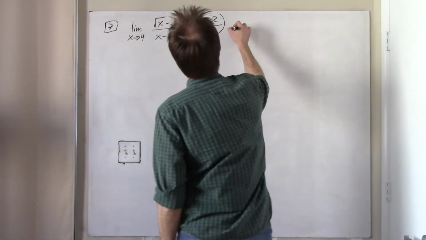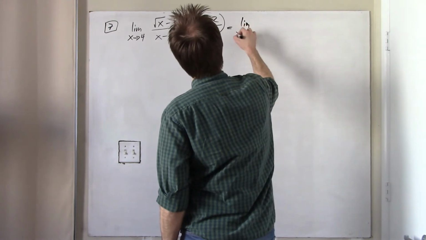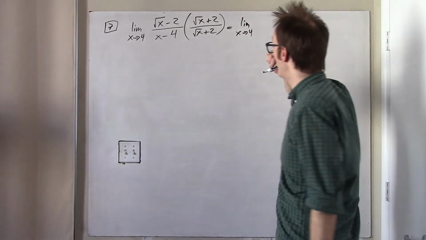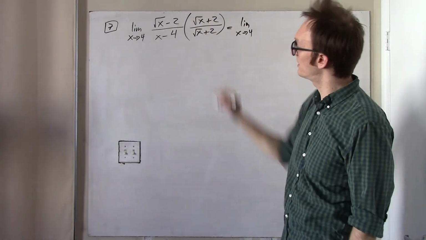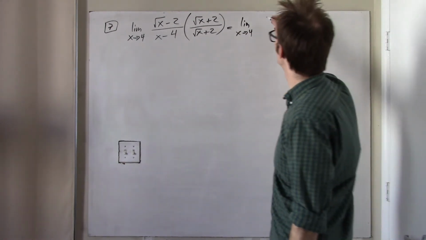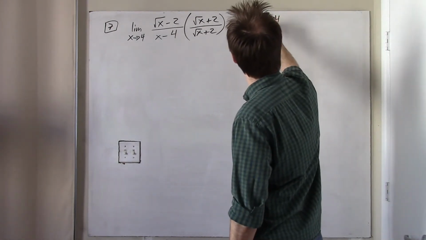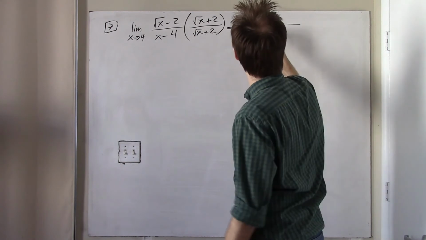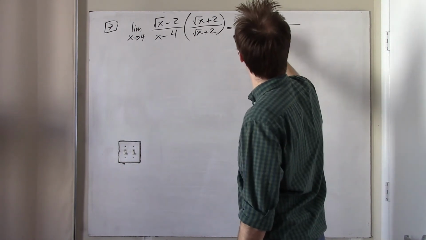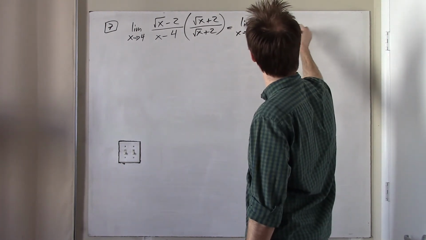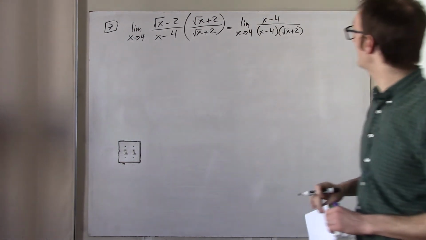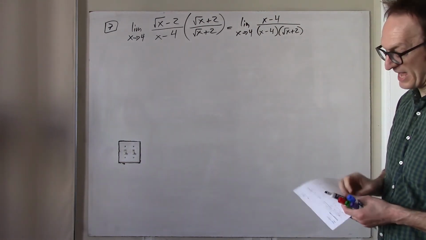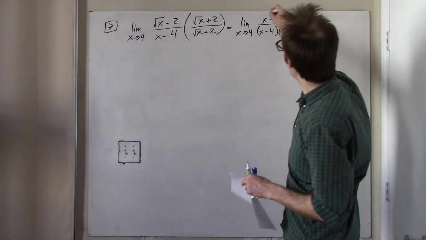Okay, well, if we do this, what happens? We get the limit as x approaches 4 of, the numerator becomes, because it's the difference of squares pattern, x minus 4. And so this is (x minus 4) over, well, down here on the bottom, don't distribute, just leave it as is, because it's perfect as is. And yeah, we can cancel this.